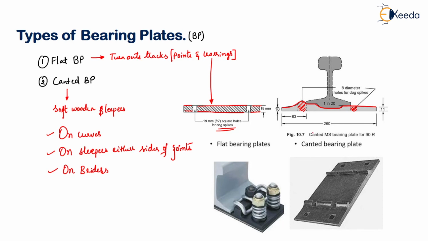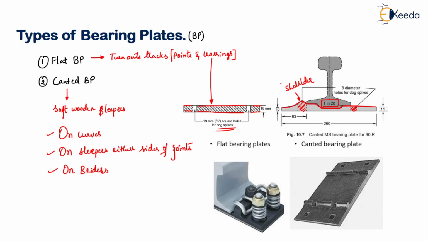Okay, normally canted bearing plates are provided with a slope of 1 in 20 like this. Also, outside of the foot there will be a shoulder. So these are the features of a canted bearing plate.